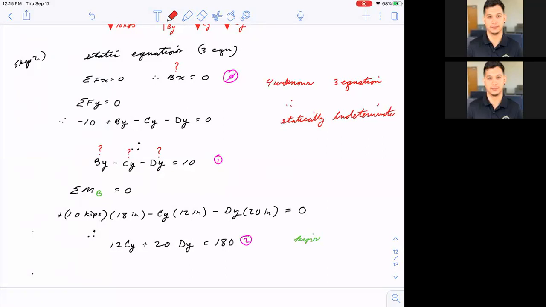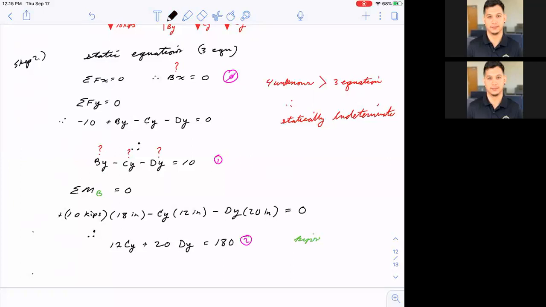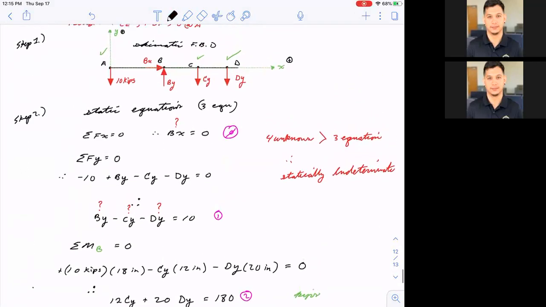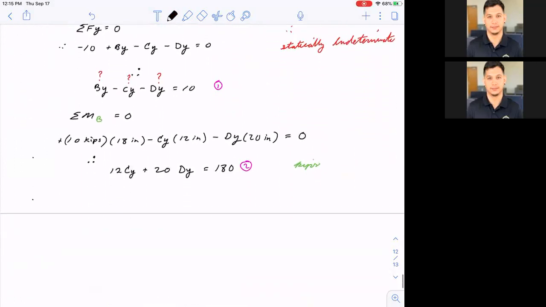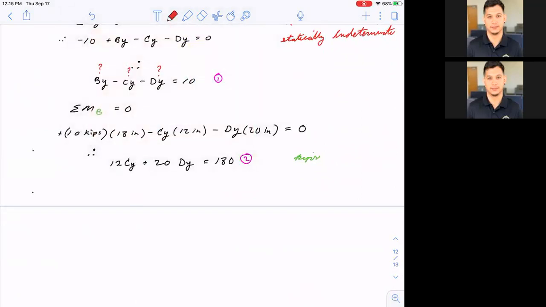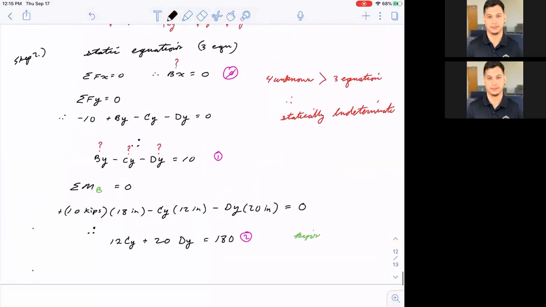It's greater than. All right, so now what do we have to do? We need to come up with another equation. And this is the reason why we are learning strength of materials, is because now we can use the equation for deformation. So this would be step 3.